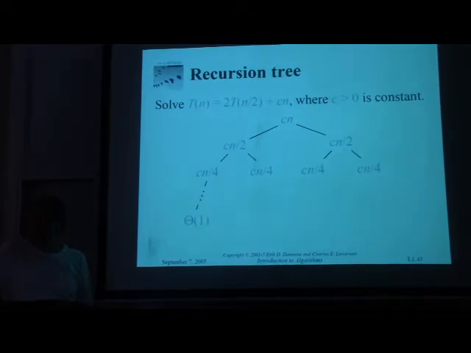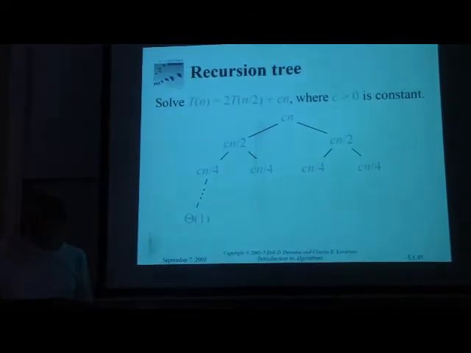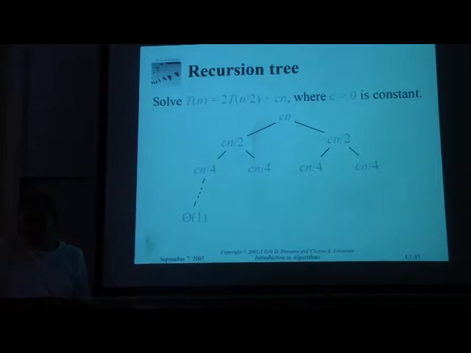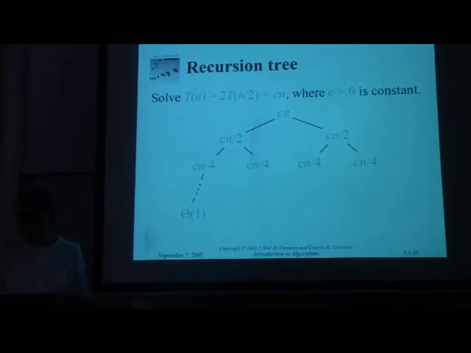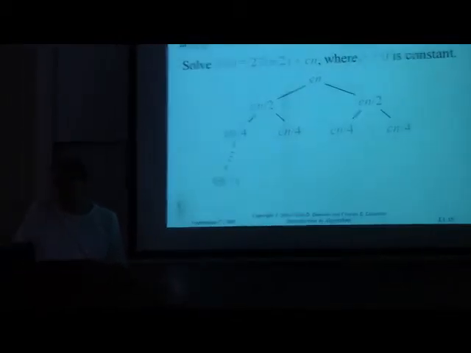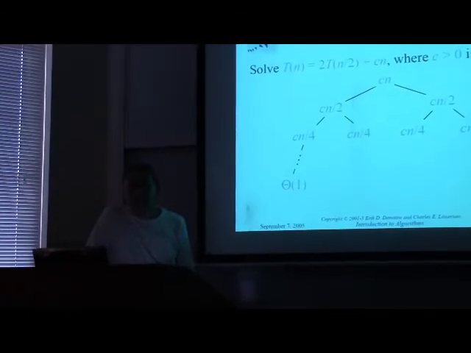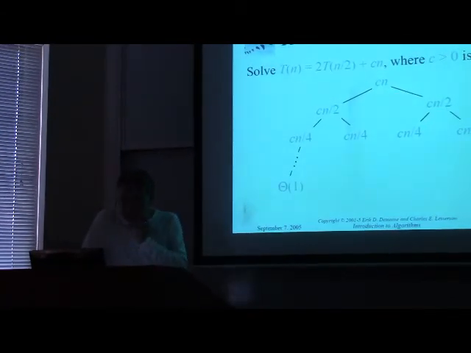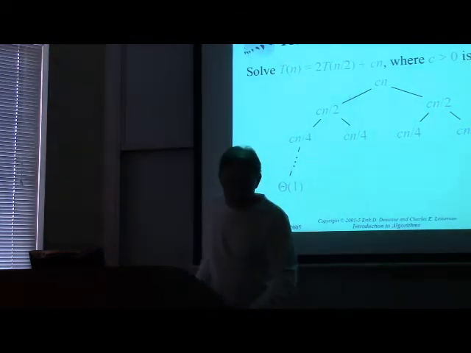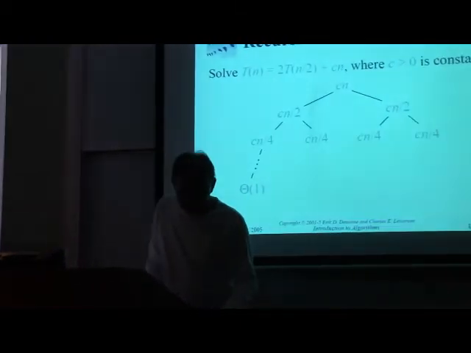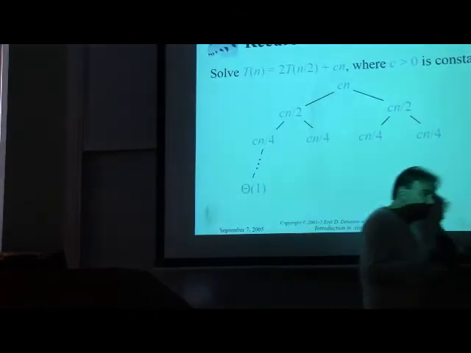That's going to be Cn over 2 plus Cn over 2, which is going to be Cn. So would you say the work at level 1 and level 0 are the same? And that's what we're talking about: the problem size is going into a half, but there are twice as many. Okay. And what do you think is the amount of work totally done at level 2? Cn. Okay, so you can see that there's a constant.